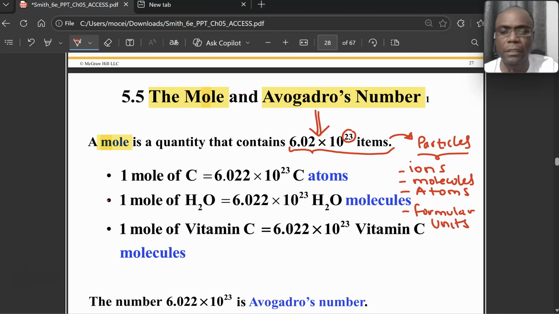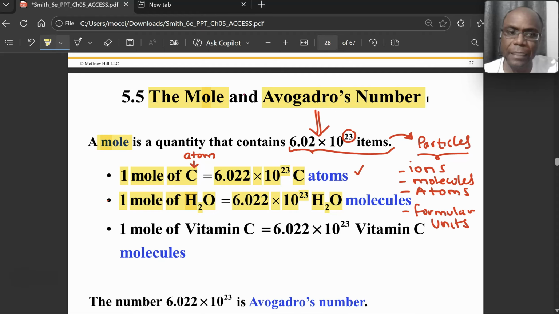So let's dig in. 1 mole of a carbon sample will contain the Avogadro's number of atoms, because the carbon itself is an atom of the element carbon.